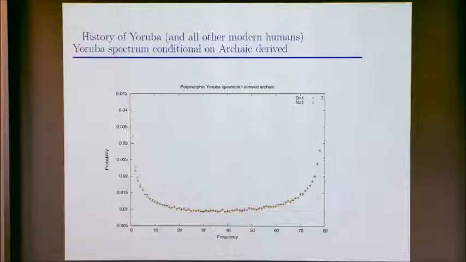If you're polymorphic at that split time, the spectrum must have been the same whether you're conditioning on Denisova or Neanderthal. Or there's no way we're going to get this complete matchup. It's not complete, they're different on the left. Yeah, that's true. Those are the points we have.